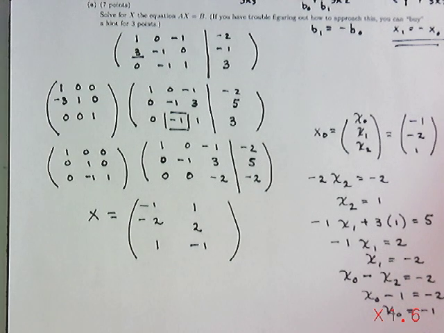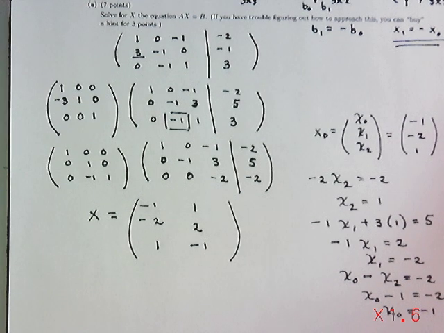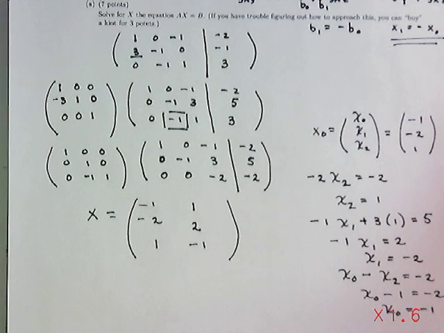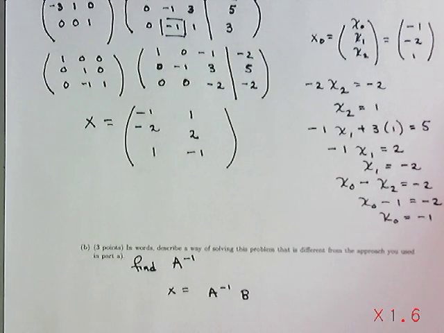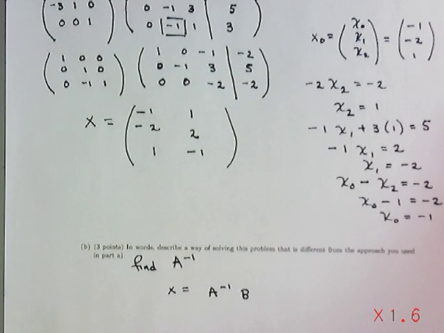Okay, was there another way that we could have solved this? Sure. We could have found A inverse, and then x would have been A inverse times B. Is there another way? Sure.